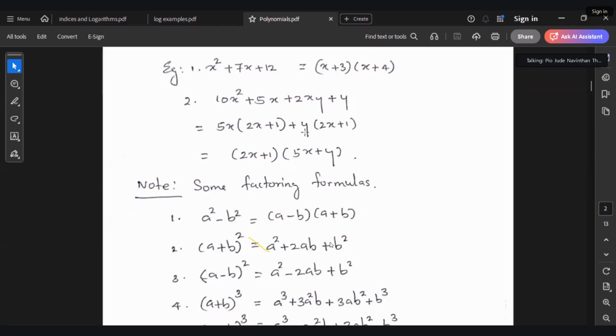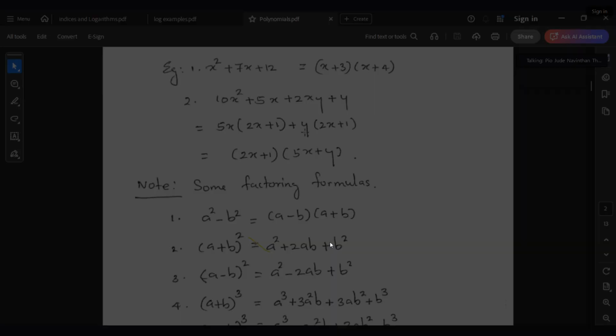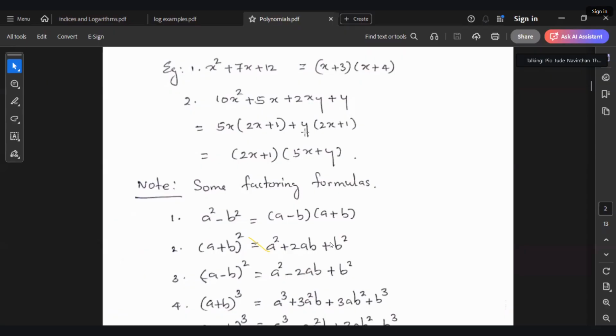You remember it again and again, no? A square minus B square, so A minus B into A plus B. Like that you remember it.